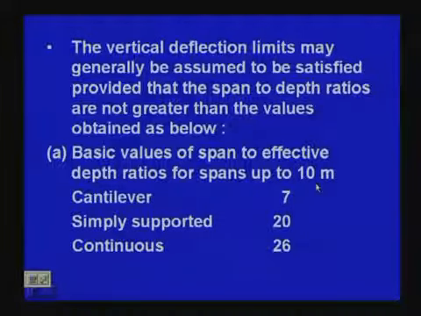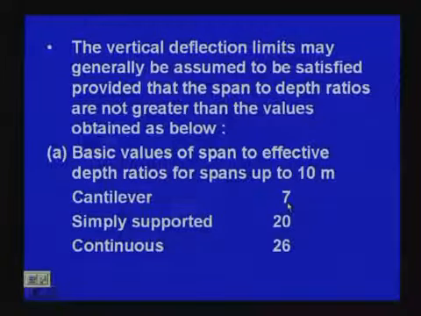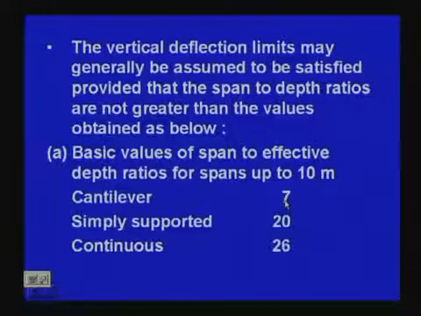That means if the span is up to 10 meter, then for a cantilever we take span by depth ratio 7. In other words, we shall use these values: 7, 20 or 26. 7 for cantilever, 20 for simply supported and 26 for continuous beam.